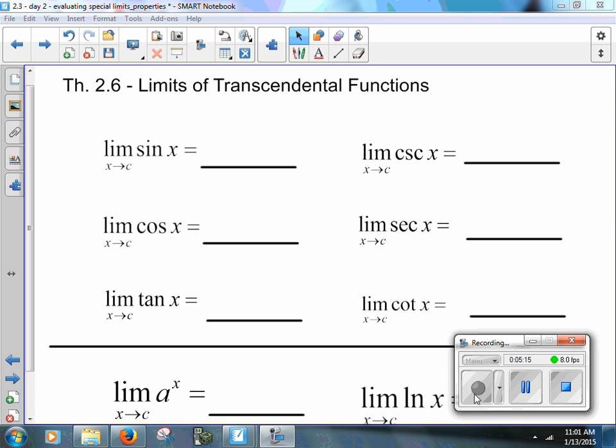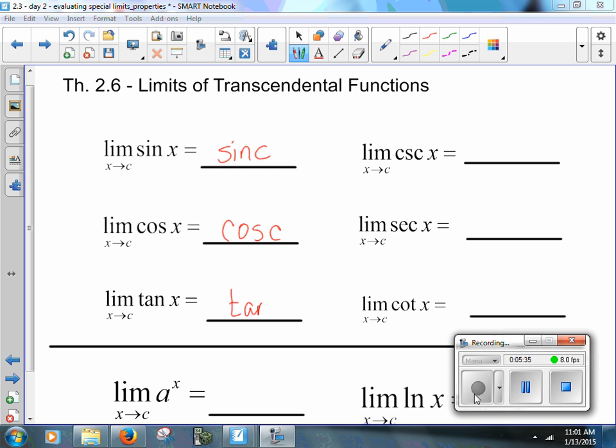So what would the limit of sine of x be as x approaches c? Sine of c. What would the limit of cosine of x be? Cosine of c. This is why I don't really know that you need to write these 6 properties down.